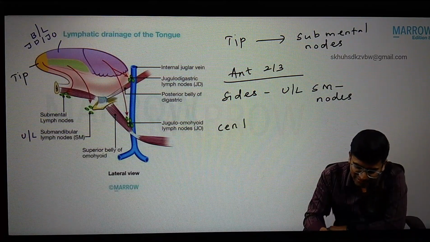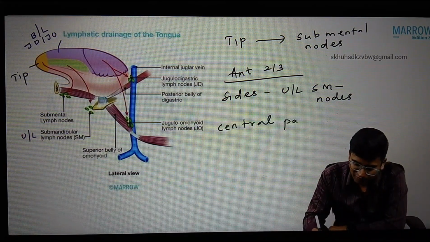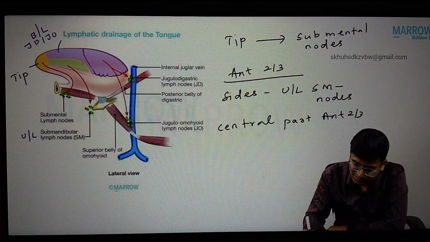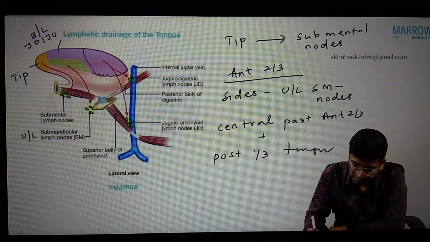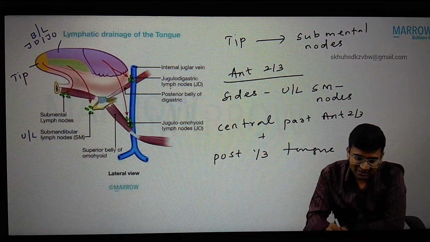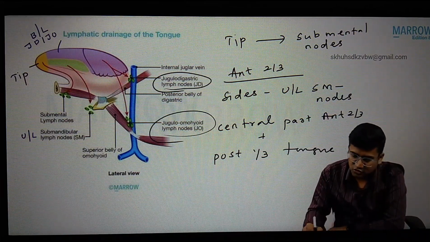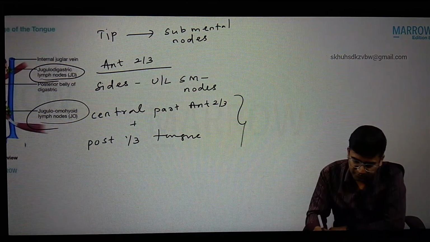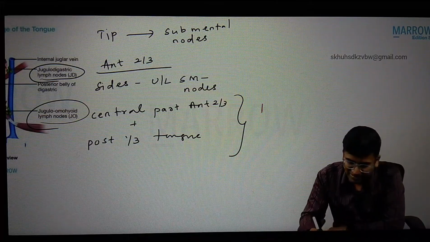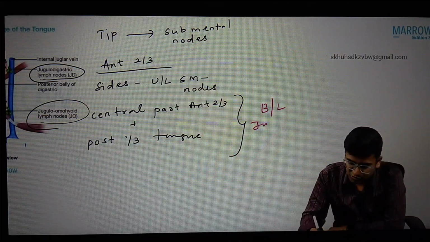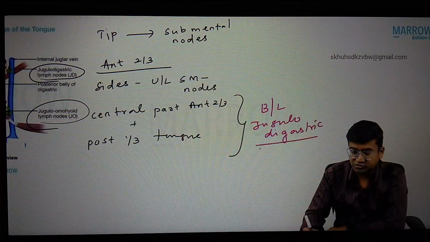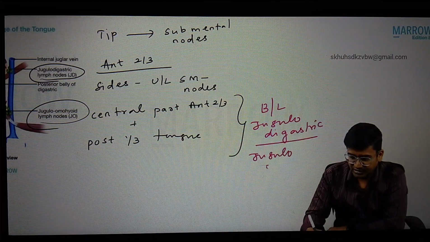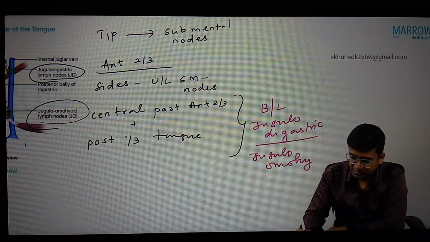Now from the central part of the anterior two-third and the lymphatics from the posterior one-third of the tongue, they are draining into bilateral jugulodigastric and jugulo-omohyoid nodes.